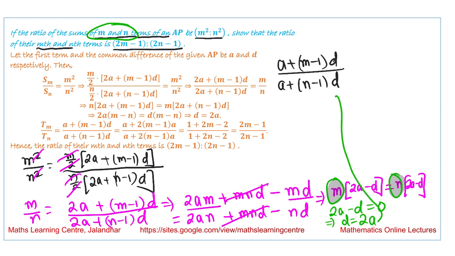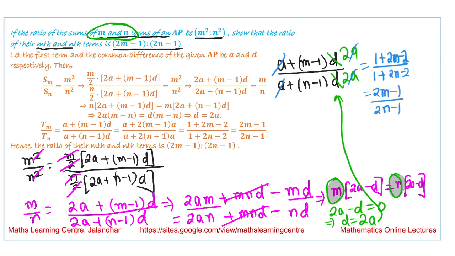Now we substitute this value over here, 2 times a over here, 2 times a over here. This a gets cancelled. What we are left with is 1 plus 2 into m minus 1 over 1 plus 2 into n minus 1. So that is equal to 2m minus 1 over 2n minus 1, and this is the required ratio.